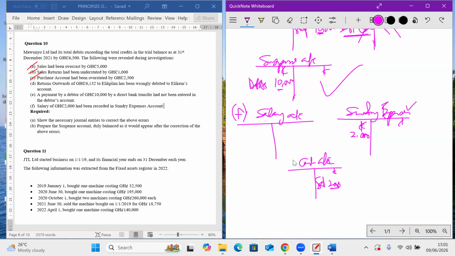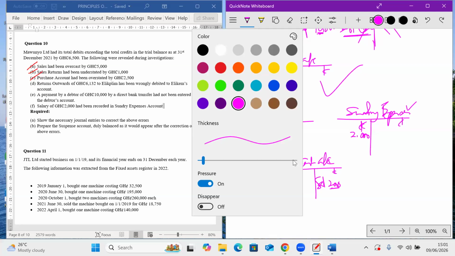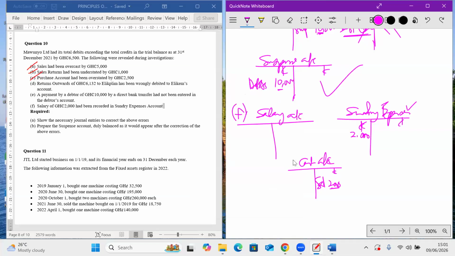Quick. Salary and sundry. So salary has an error because the 2,000 which belongs to it wasn't written in there. Sundry expense has the error because the 2,000 doesn't belong to sundry, but they wrote it in there. But the cash account, which was not mentioned, was correct. That's why they didn't mention it. Do we get it? Yes.